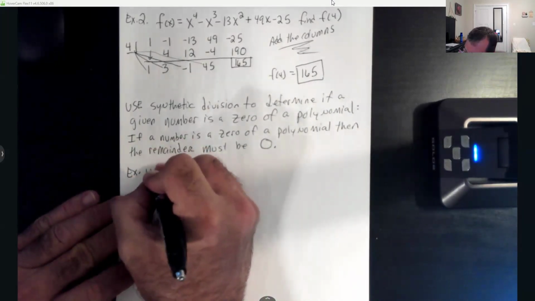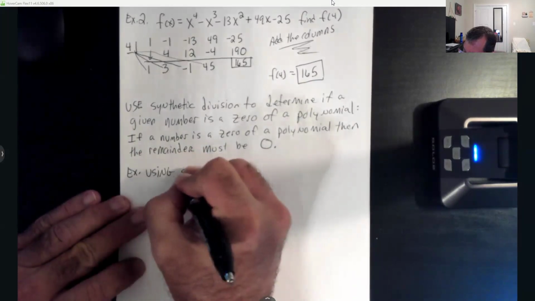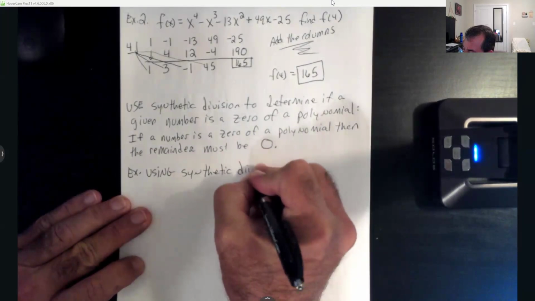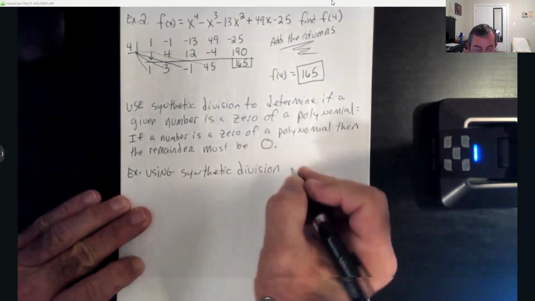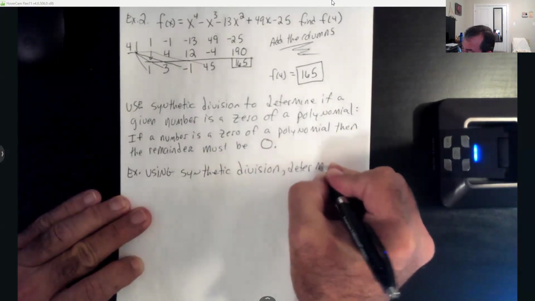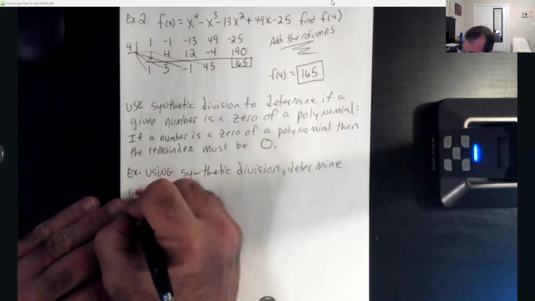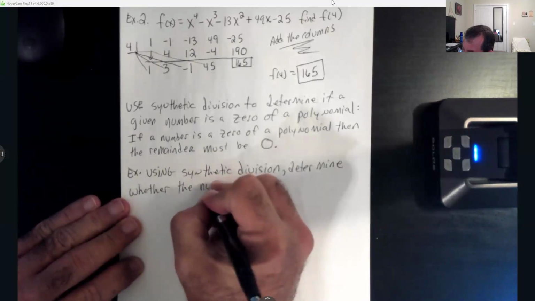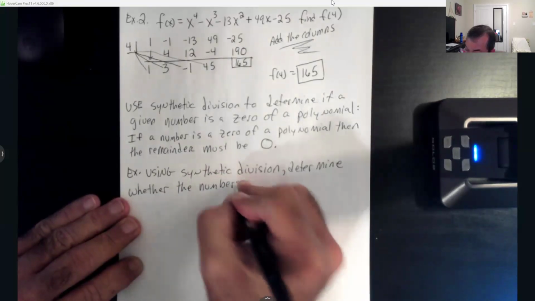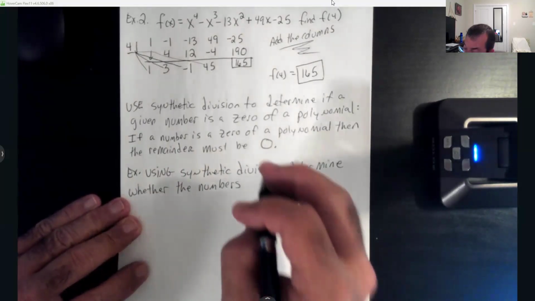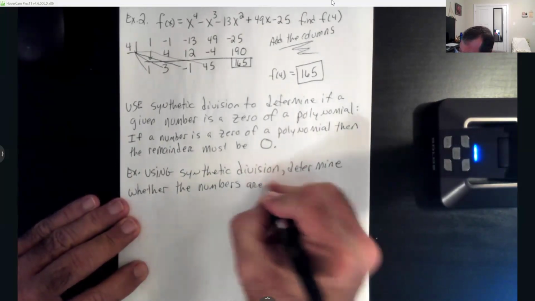So y'all, here we go. Using synthetic division, determine whether the numbers are zeros of the polynomial.